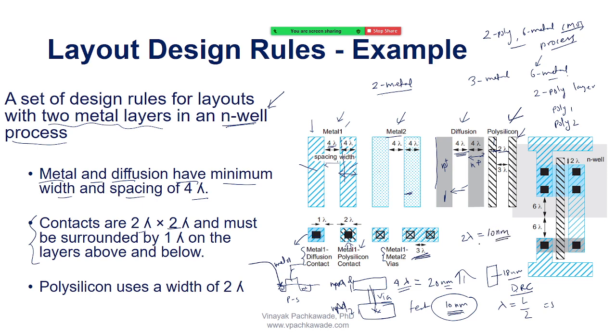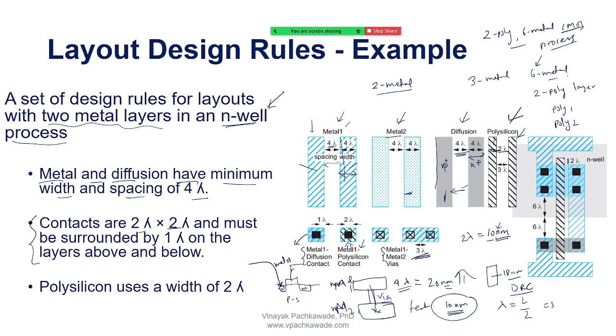So see now, polysilicon itself is deciding my feature size. So when I draw 2 lambda width of polysilicon, it means I am actually not crossing that technology. I am using the minimum resolution that the technology has to offer.